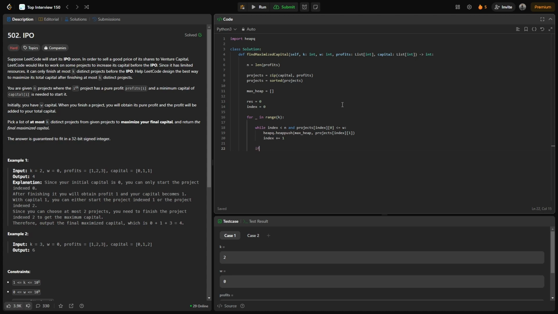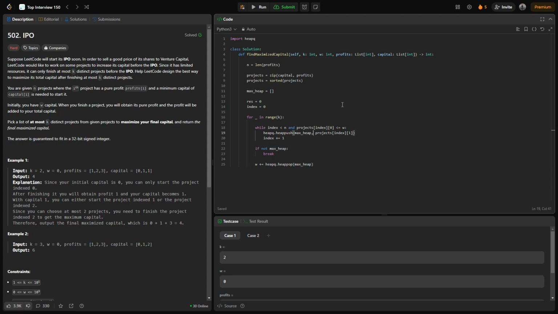So if not max heap, then I can say break the loop, else w plus equal to heapq.heappop, and I can pass in the max heap.